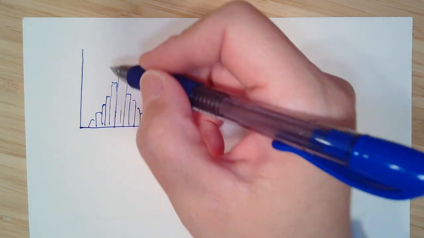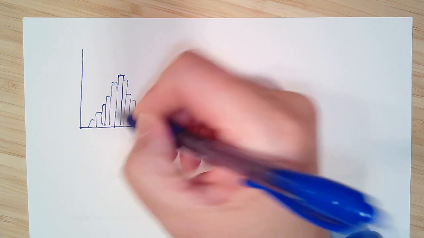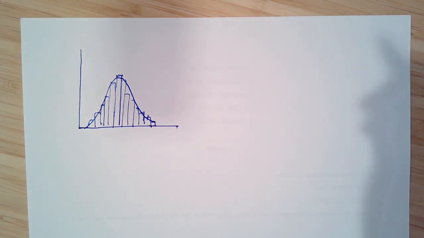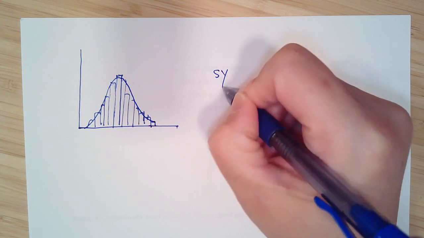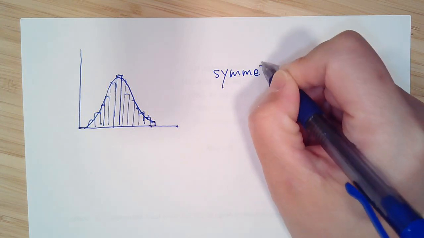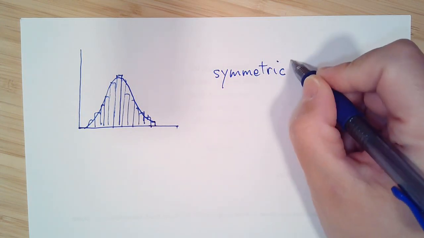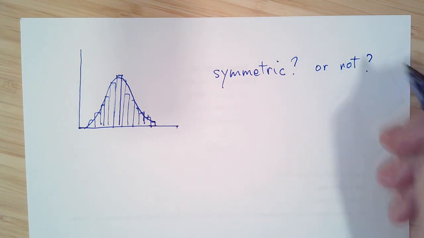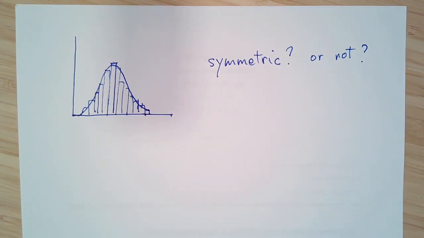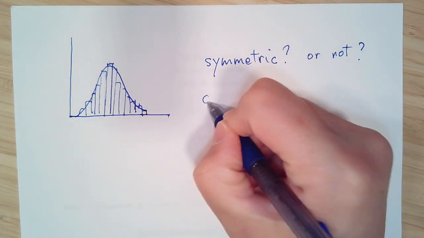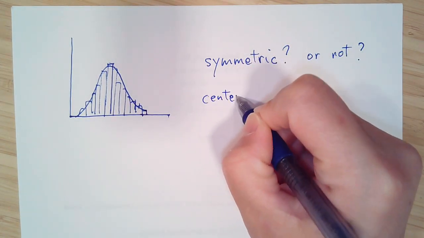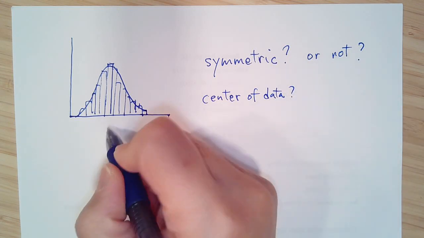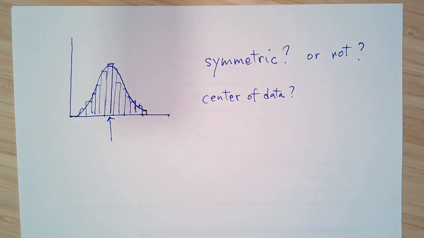You can tell the distribution looks pretty much symmetric, isn't it? So number 1, is it symmetric or not? And number 2, where is the center of the data? If it's symmetric, the center will be somewhere right in the middle.